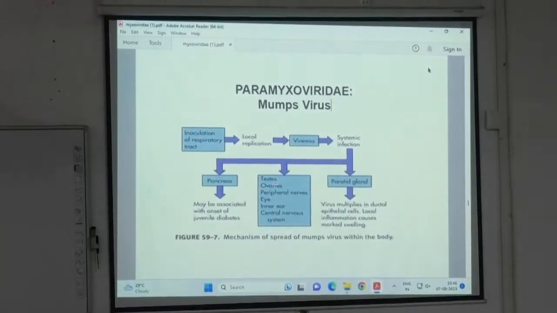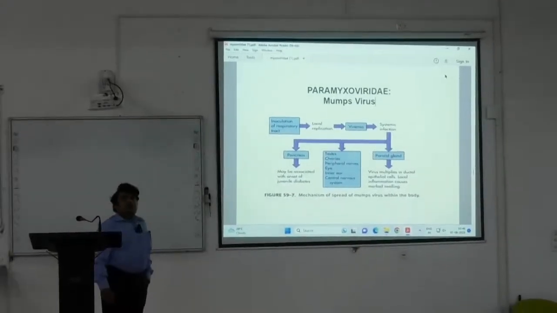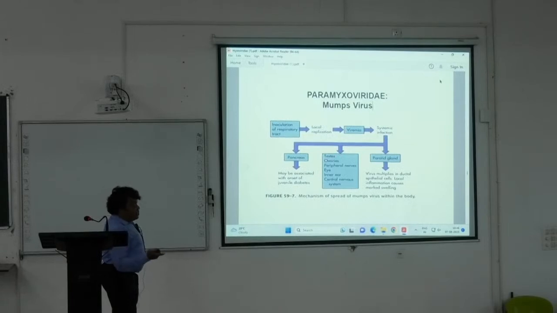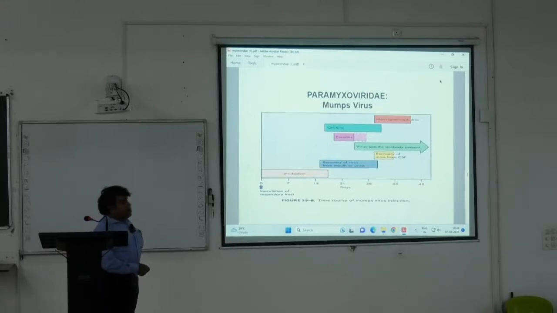But significant over here, it can cause inflammation in testis and ovaries in post-pubertal children and sometimes cause infertility. So the incubation period is about 14 days, after which there is parotiditis, which is the common manifestation by which the diagnosis is made, and sometimes meningoencephalitis can be seen.